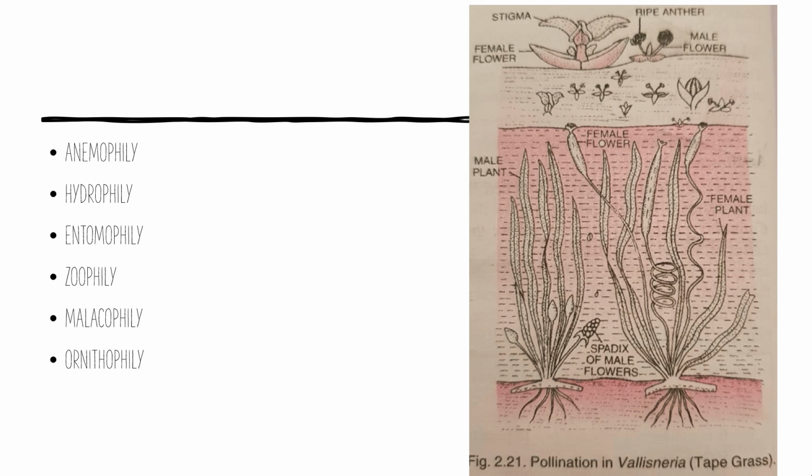In this type of pollinating agent, the plants have a gunpowder mechanism, meaning anthers burst suddenly to throw the pollen grains to larger distances. Pollen grains are dry, smooth and non-sticky, and the stigma is hairy, feathery or branched to catch the wind-borne pollen grains.